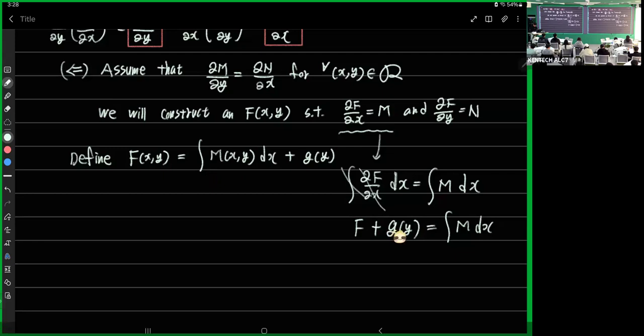I know when you move this onto the right-hand side, the sign will change to minus, right? But eventually, the sign of g will be determined by initial condition. You don't have to care about the sign of g eventually. So f is the integral of m dx minus g of y, but I changed the minus to positive because the sign of this will be determined by initial condition.